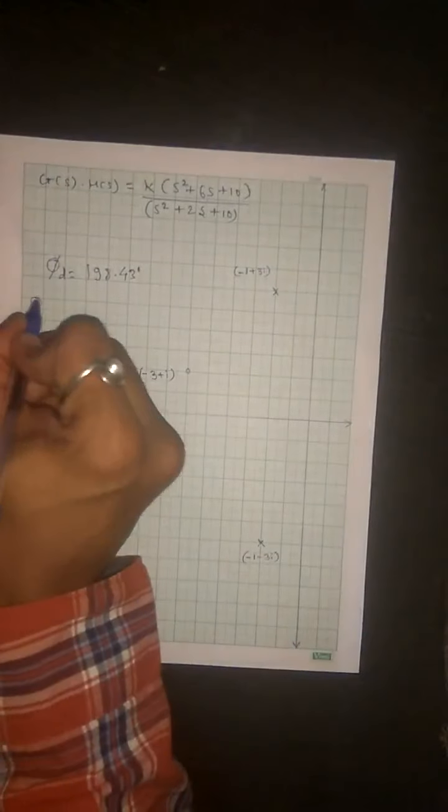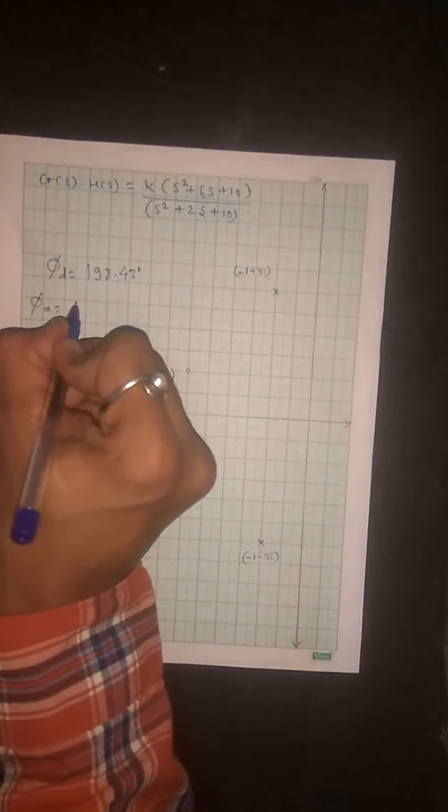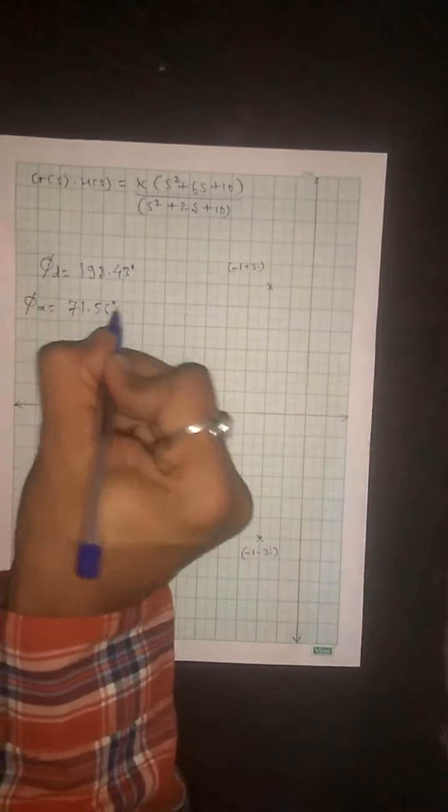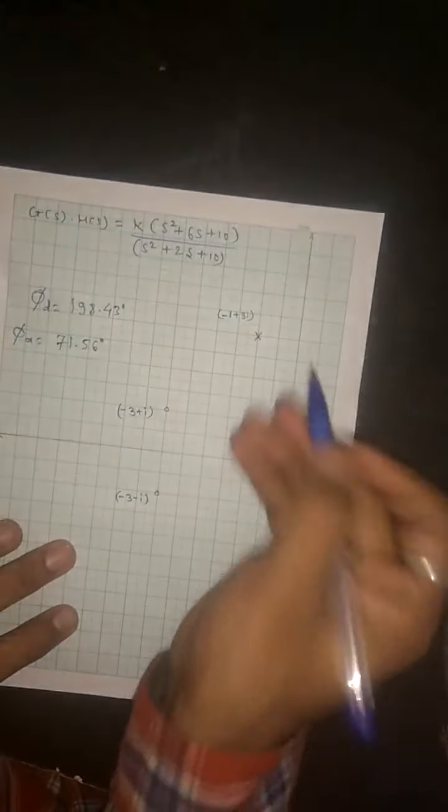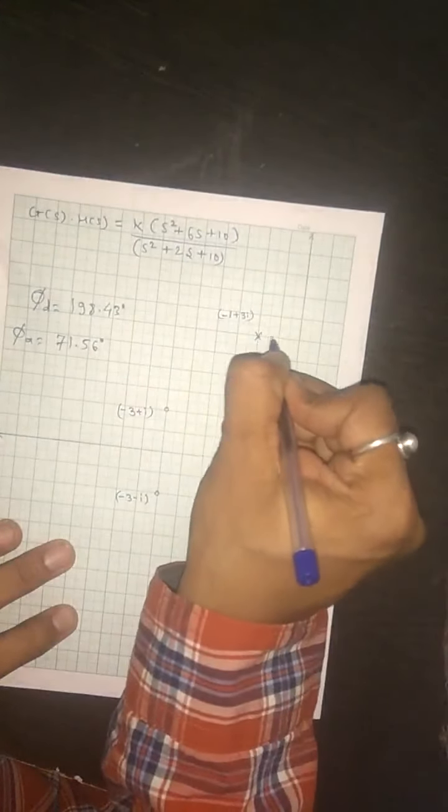Only we have phi D as 198.43 degree at this position, and phi A is 71.56 degree, as we have calculated before.